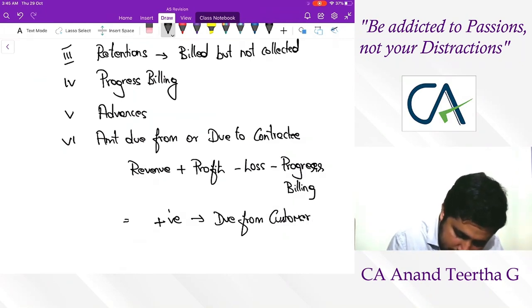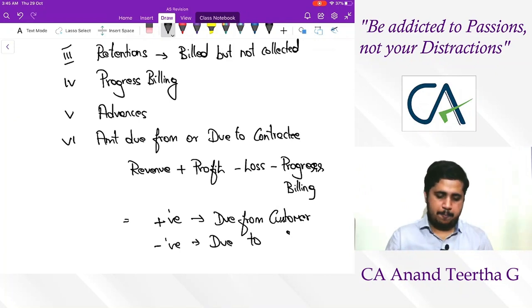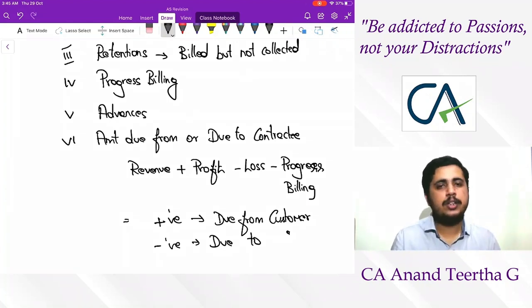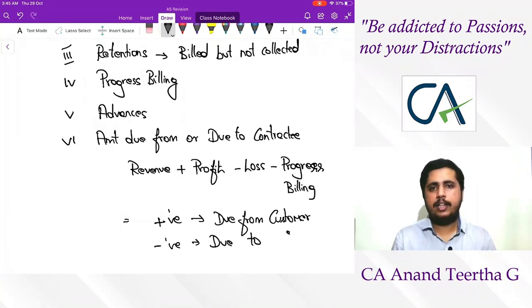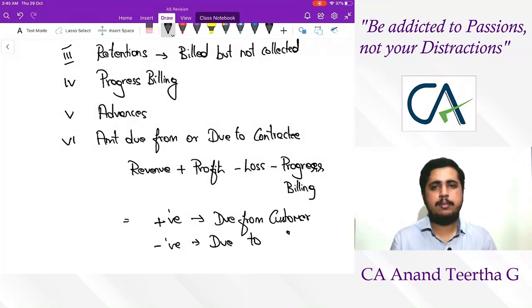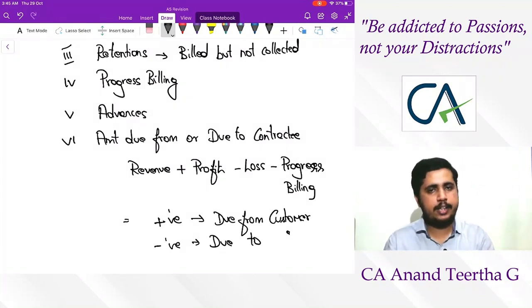If the answer is negative, then it is due to customer. So basically this is the way you have to calculate them: positive due from, negative due to. So this is how you have to consider the AS7 requirements. These are the disclosure requirements. Sometimes they can ask a direct problem on this, saying how much money has to be considered over here.